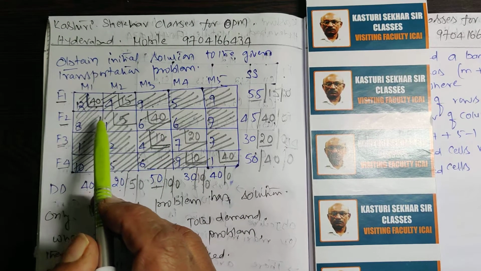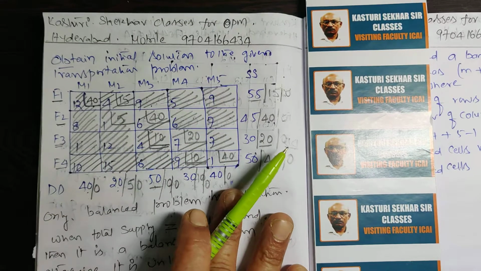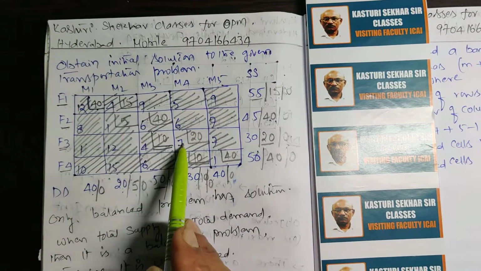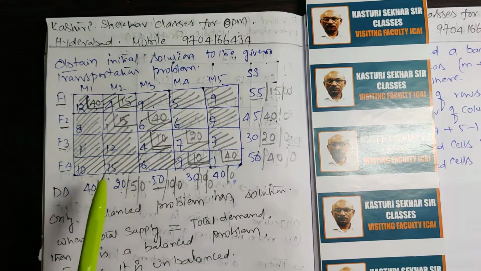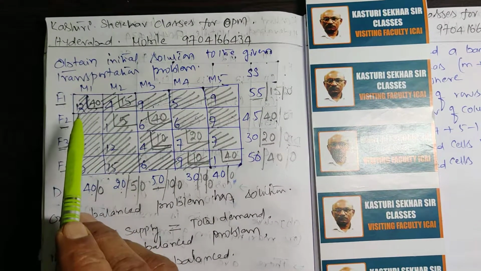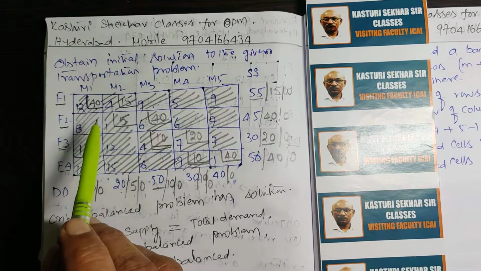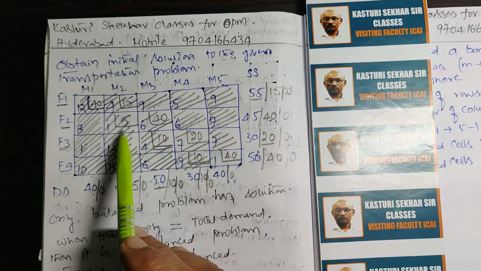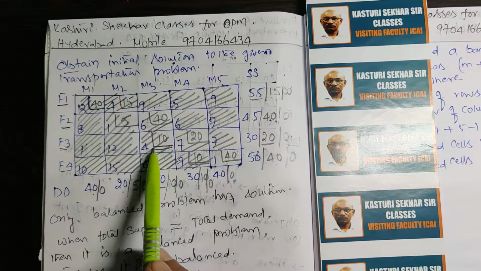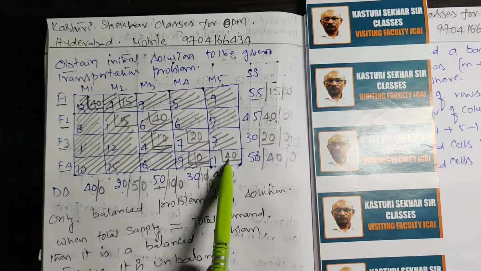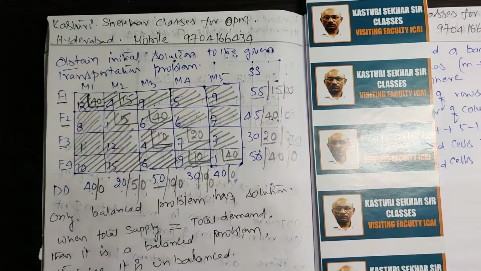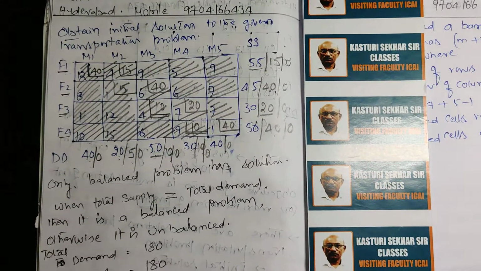Count the number of occupied cells. 1, 2, 3, 4, 5, 6, 7, 8. 8 occupied cells. We need 8 occupied cells, and 8 occupied cells are obtained.